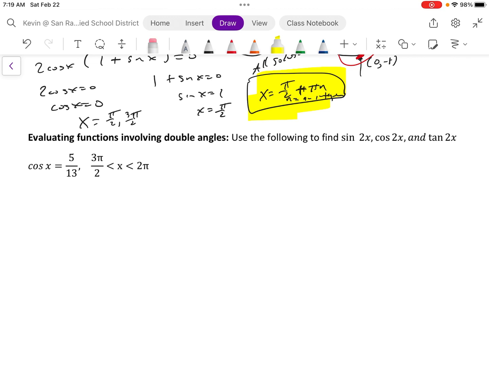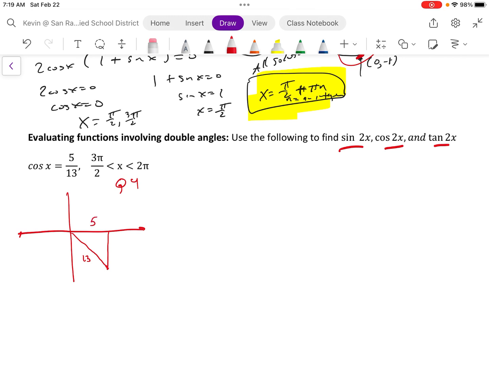Evaluating functions involving double angles, use the following to find the double angle, sine of 2x, cosine of 2x, and tangent of 2x. We're given the angle. It's not on the unit circle, so we need to draw a triangle. This tells us that we're in quadrant 4. Our hypotenuse is 13.